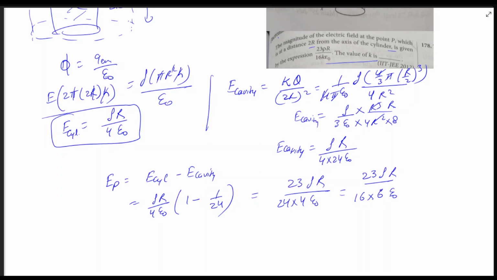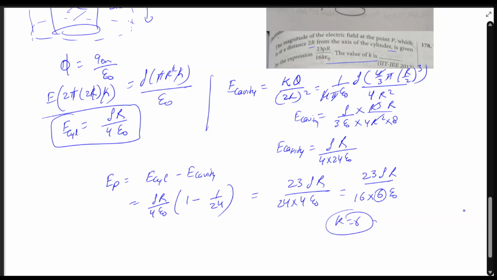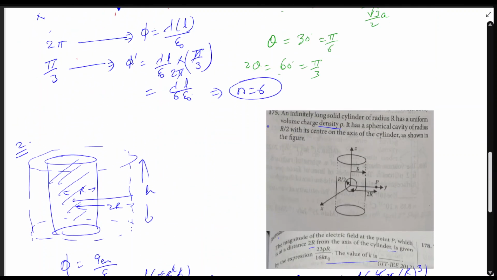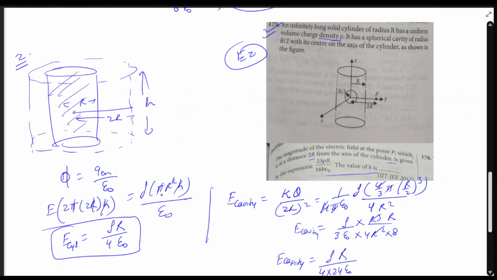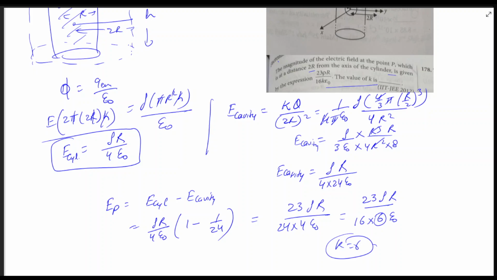So k will be 6. Okay, so it's an easy question, nothing to worry about, but mistakes can happen. Like here you may write in a hurry pi 2r square h, so it will be wrong, right? So these are mistakes you should avoid.